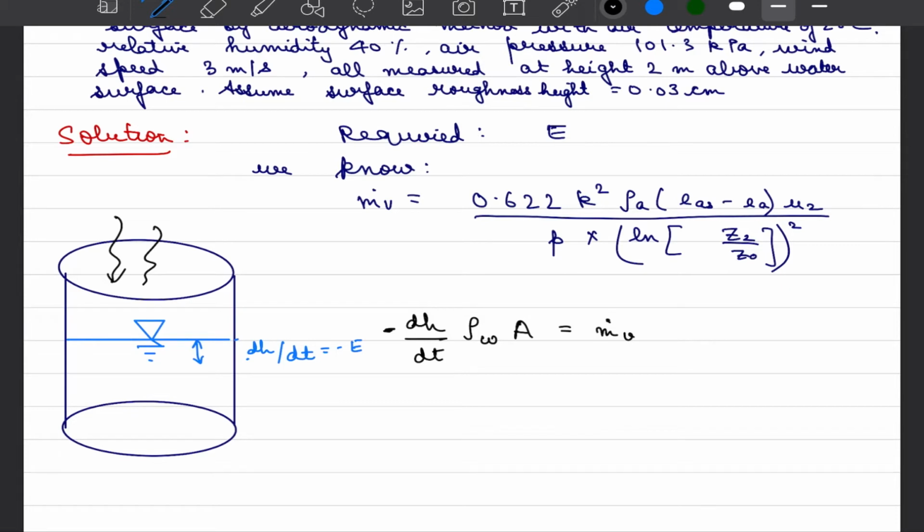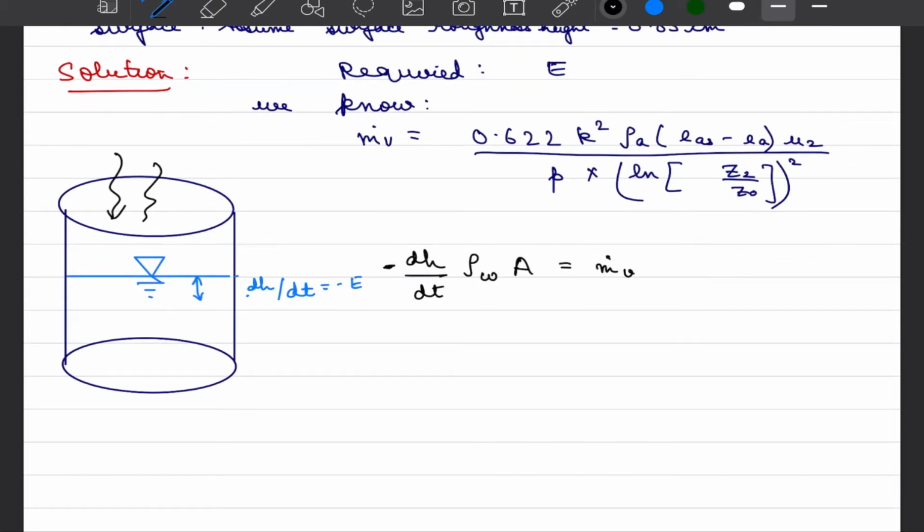Since dH by dt is negative, the negative sign makes sure that the mass of vapors in the system is indeed increasing, and we write this quantity as E. So we write E rho WA equal to mv, and E can be calculated as m dot v over rho WA.